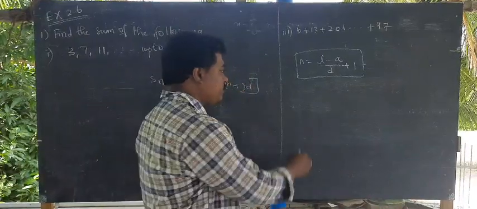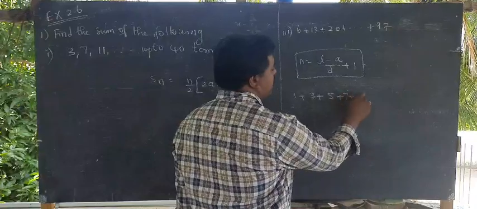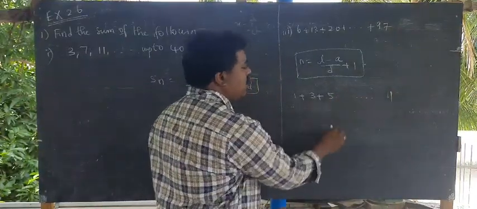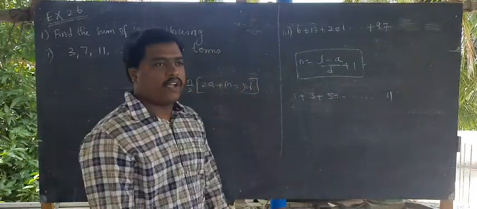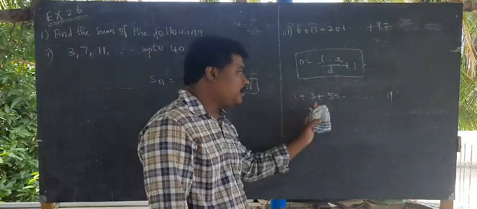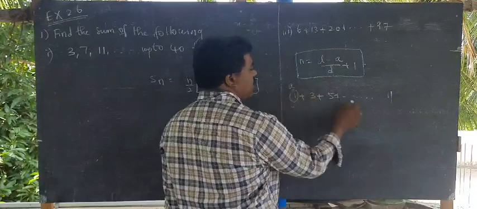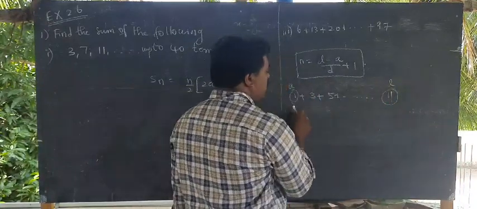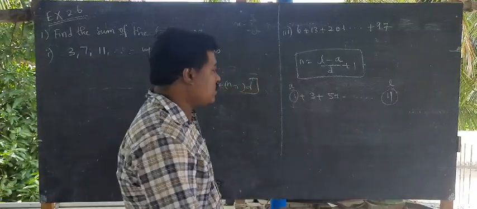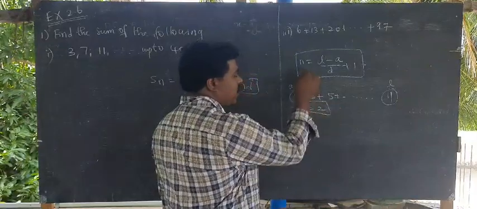For example, 1, 3, 5, 7 and so on up to 11. How many terms do we have? Listen, this is a, the first term, and this is L, the last term. Here the difference d equals 2.